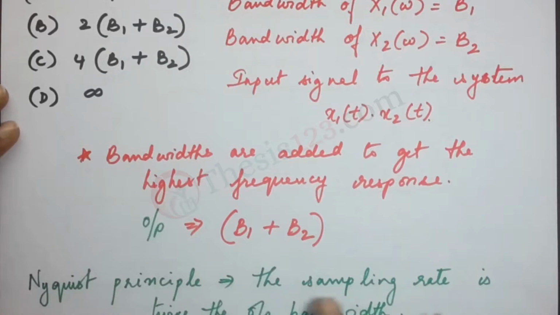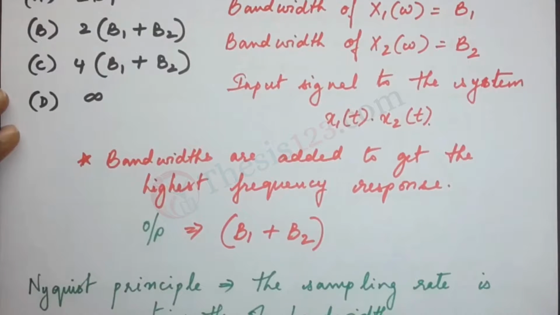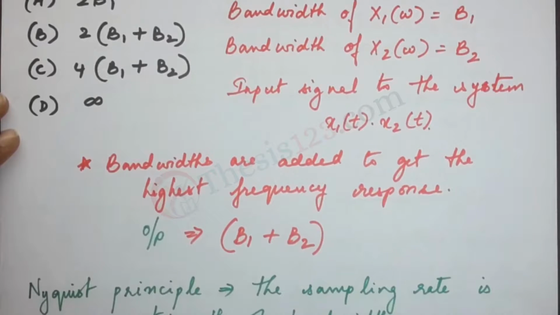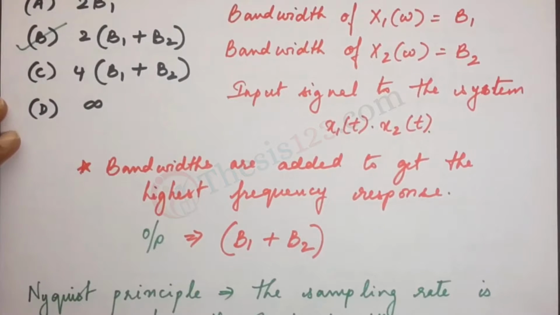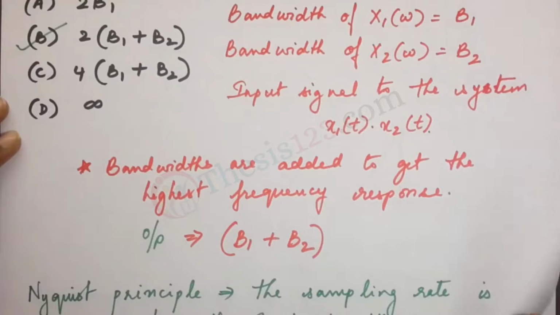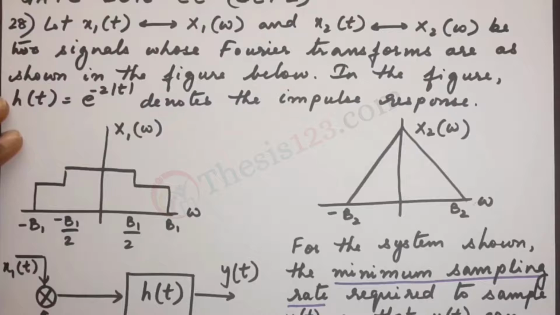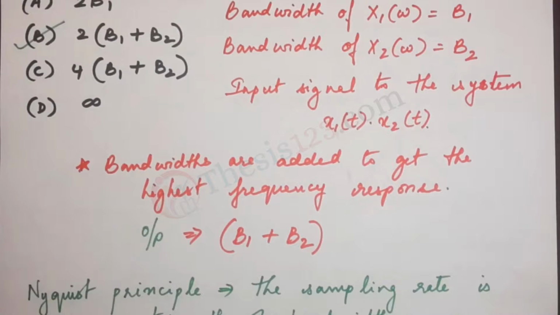According to Nyquist's principle, the sampling rate is twice the output bandwidth, which means it would be 2 times B1 plus B2. So this expression matches option B. So the minimum sampling rate required in order for the output y of t to be able to be uniquely reconstructed from the samples would be 2 into B1 plus B2. I hope this has helped.